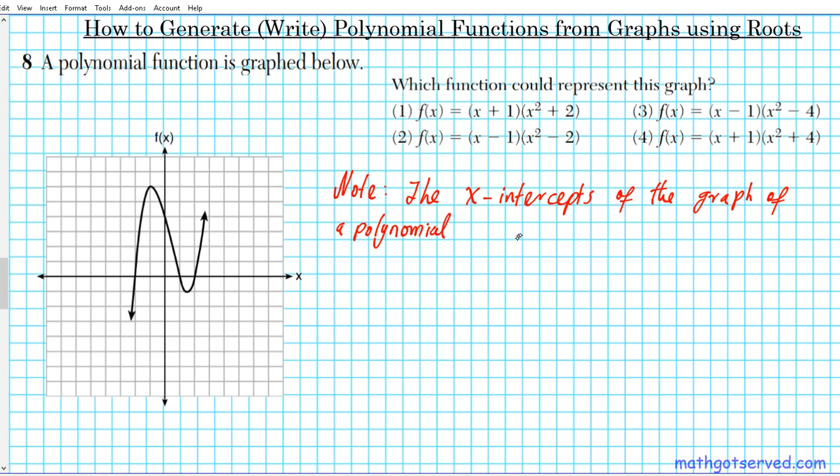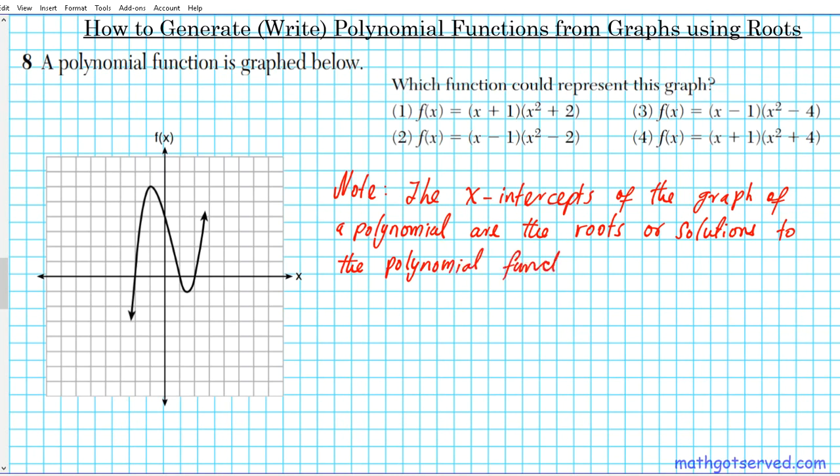What's the significance of the x-intercepts? Oh wait, they are the roots, also known as the solutions, or you can call them zeros too. Roots or solutions to the polynomial equation, to the polynomial function.